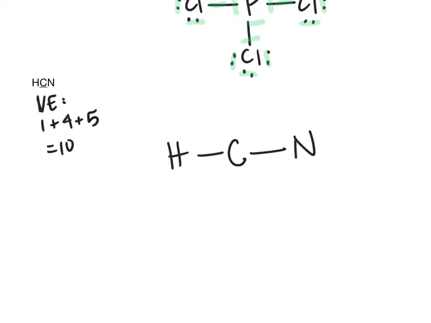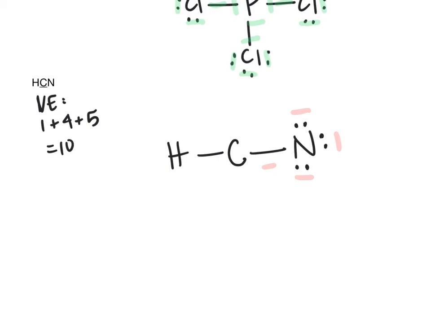I believe we're on step 3. We're going to complete the octet around all atoms. While hydrogen has an octet, it has 2 electrons. Now nitrogen has an octet and we've used, let me count them up, 2, 4, 6, 8, 10. So we've used all of our electrons.